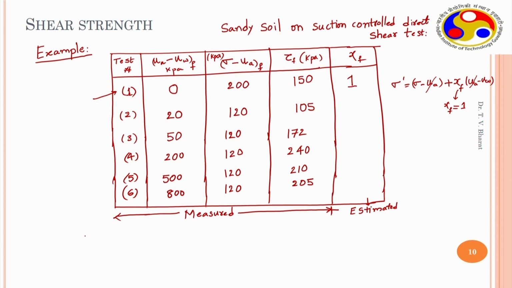The previous equation is Xi f equals tau f minus C dash minus (sigma minus UA) f tan phi dash, divided by (UA minus UW) at failure times tan phi dash.